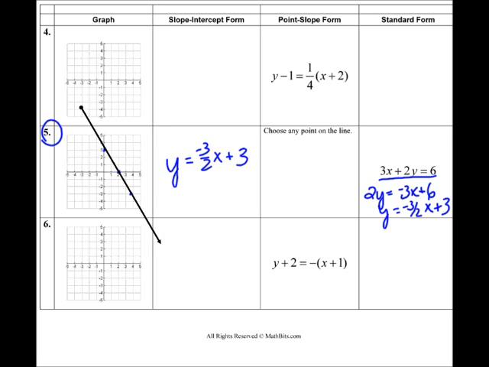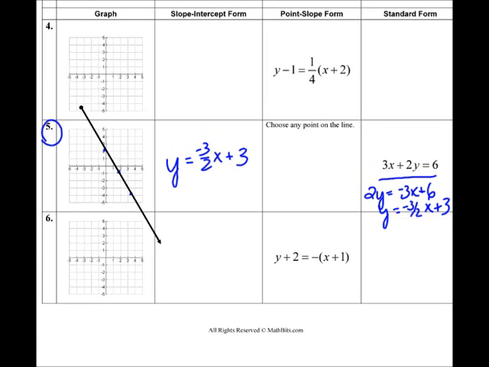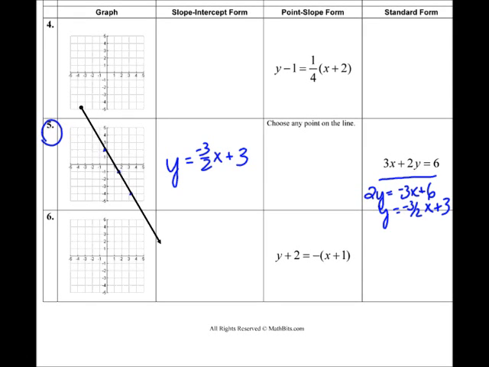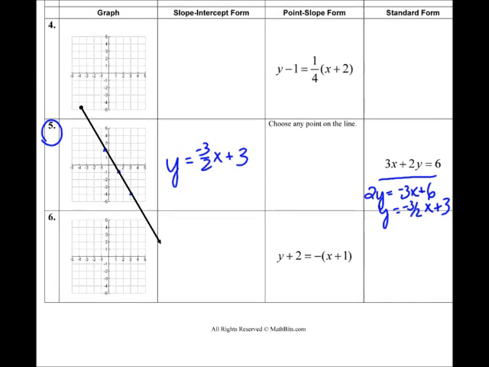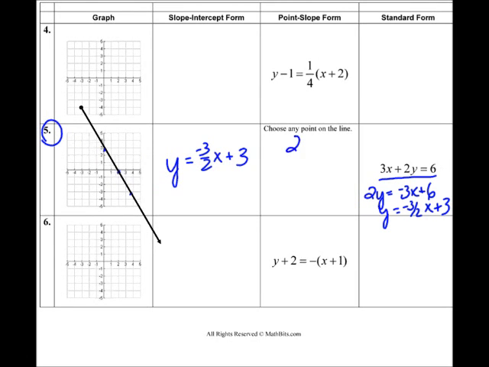Okay, and I got a little excessive with my line going through there, but it's not liking that very much. So put some arrows on there, and then just choose a point on the line, which I could pick the point 2, 0. And so I could say y minus 0 equals negative 3 halves times the quantity x minus 2, and I'm good to go.